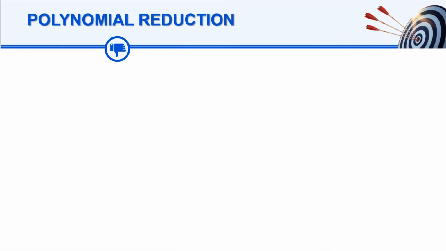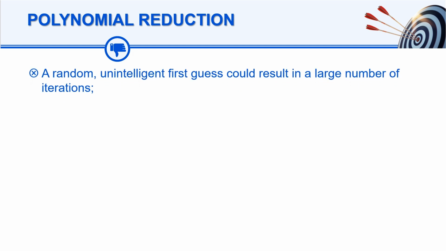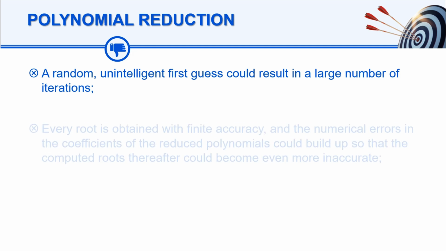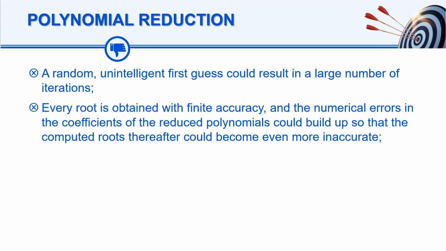The disadvantages of the method are: a random, unintelligent first guess could result in a large number of iterations. Every root is obtained with finite accuracy, and the numerical errors in the coefficients of the reduced polynomials could build up so that the computed roots thereafter could become even more inaccurate.